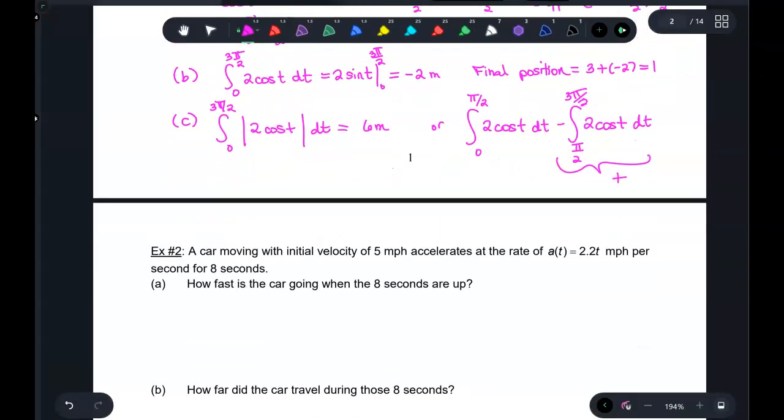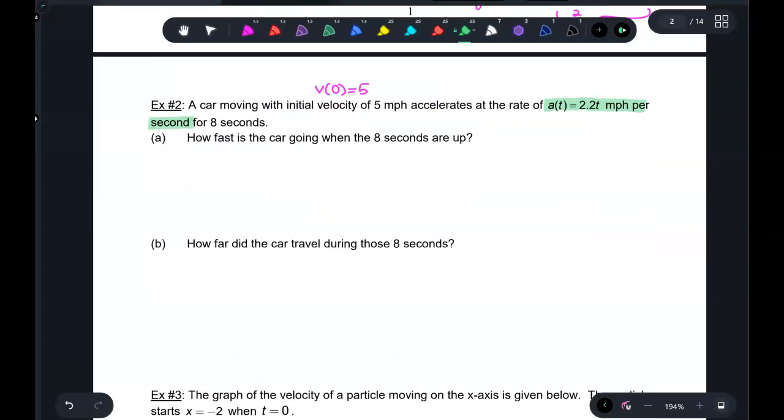Okay, car moving with initial velocity of 5 miles per hour. I'm just going to write v of 0 equals 5. Accelerates at 2.2 miles per hour per second. So do we just find velocity, so the integral of acceleration? Yeah, so we're going to integrate. Do you want to find the velocity function and then just plug it in? Yeah.